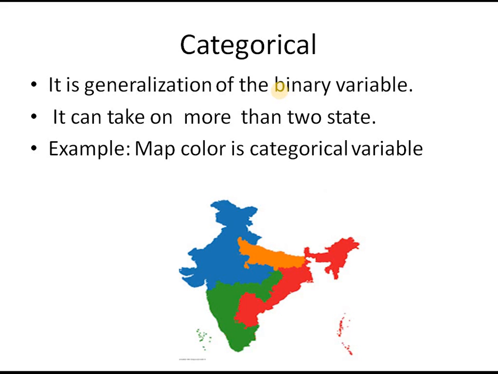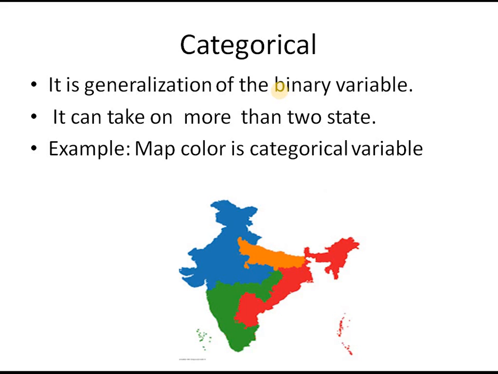Categorical data. A categorical variable is a generalization of the binary variable. In a binary variable, we have seen that we get only two states, 0 and 1, but a categorical variable can take on more than two states.